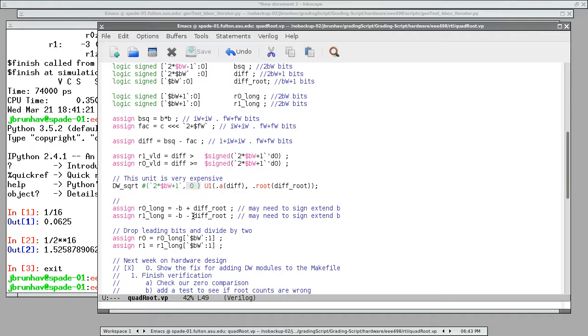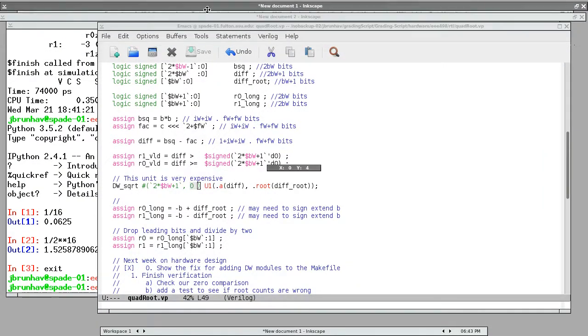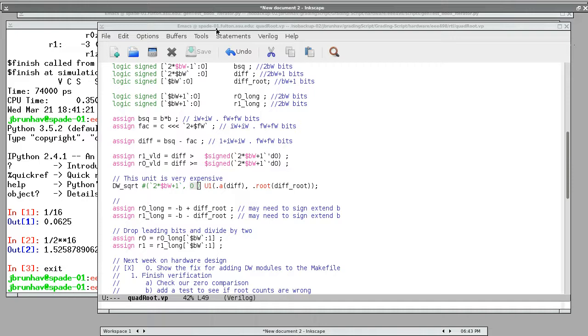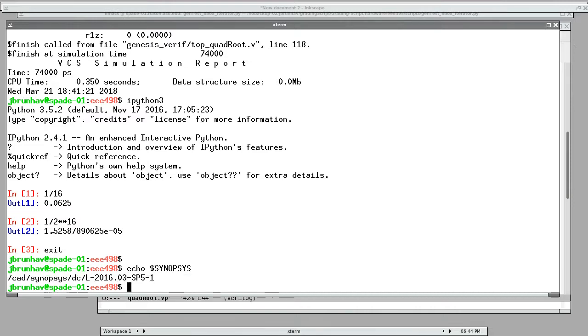I think we turned off 0. So what did that do again? So I think that echo dollar synopsis good.